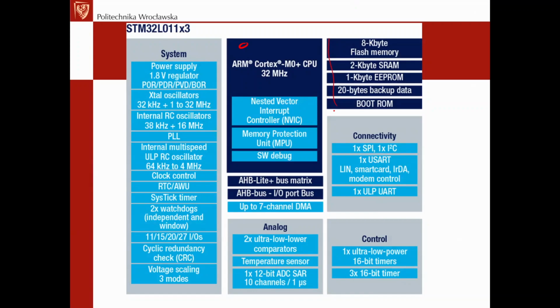This is possible, of course, because we've got 16-bit instructions. Don't forget that it's Cortex M0 Plus with the Thumb-2 instruction set, but Cortex M0 has almost only 16-bit instructions. 32-bit instructions start with the Cortex M3 core, which means that 8 kilobyte flash memory is roughly about 4,000 instructions.